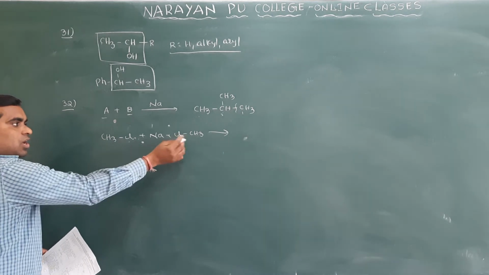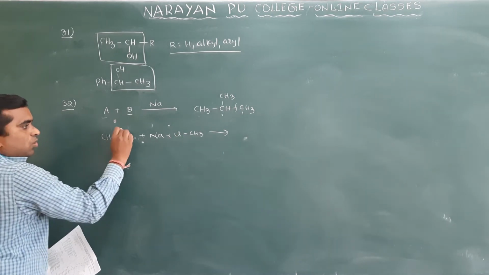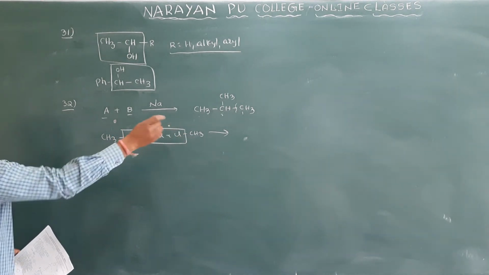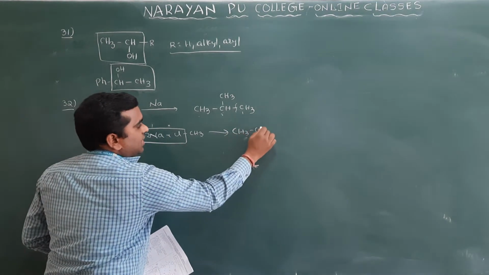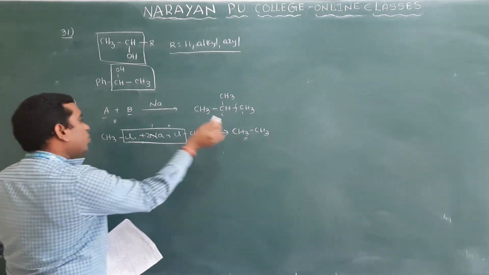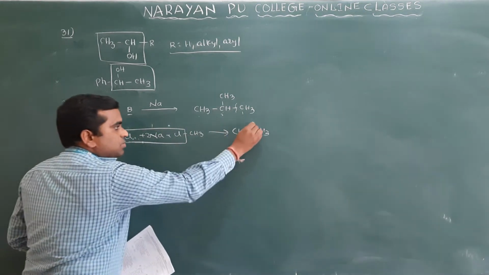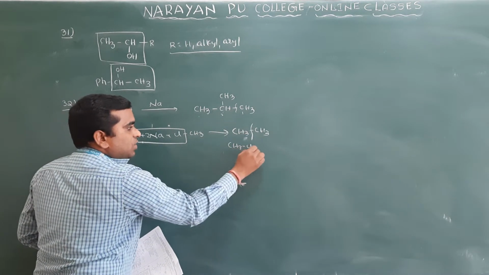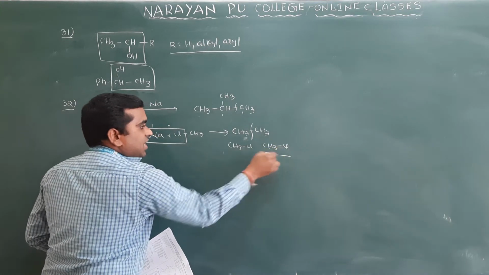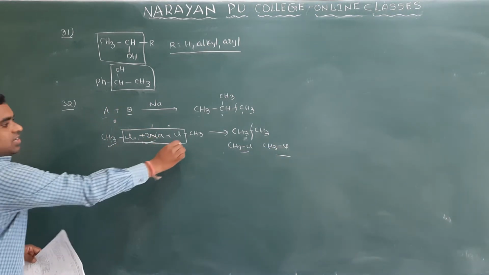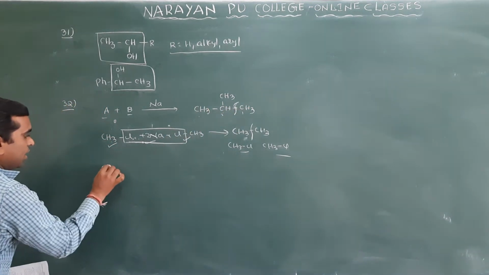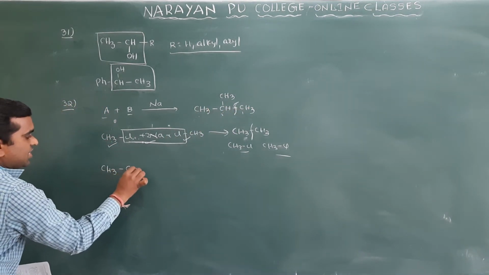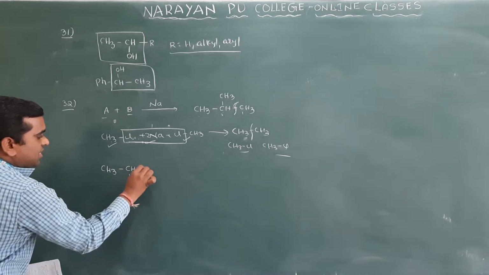Same alkyl halide gets one chlorine and one chlorine, and with Na, 2 moles of NaCl will be removed. To write the reactants from the product again, break here. Put one Cl on this and one Cl on this. These are the reactants here. In the same way, break this. Then you have to write one as CH3Cl.